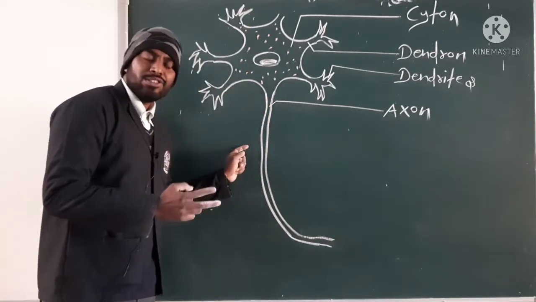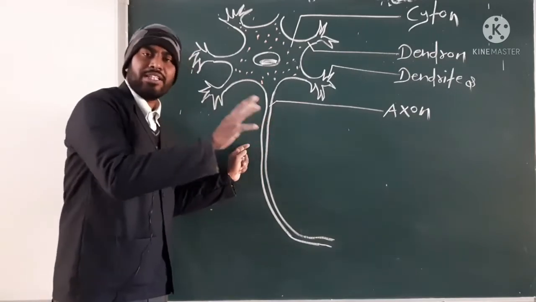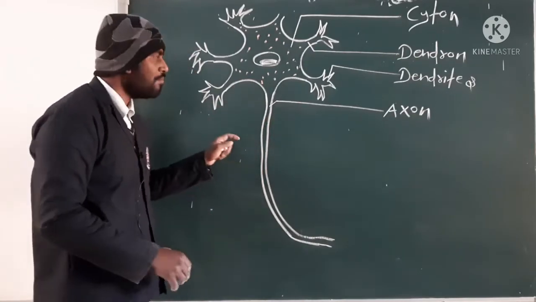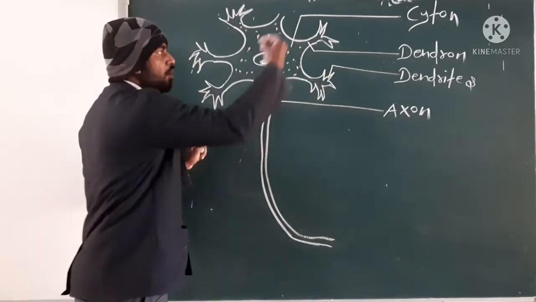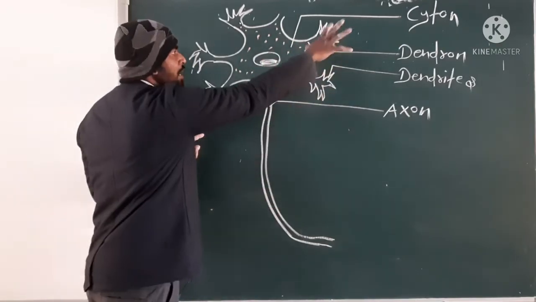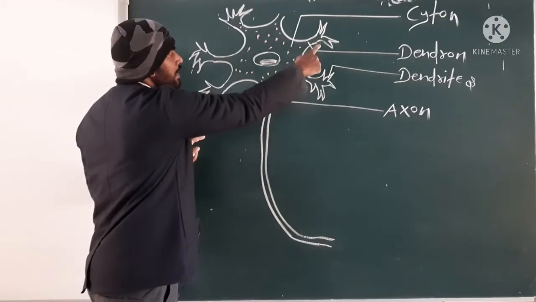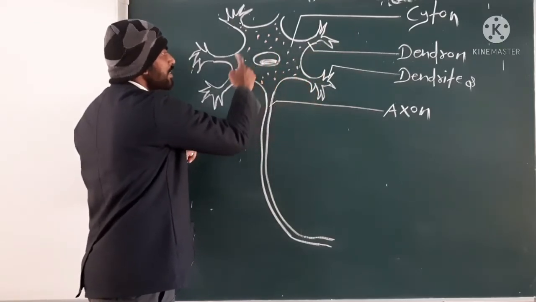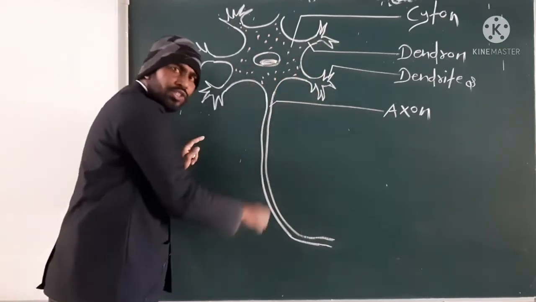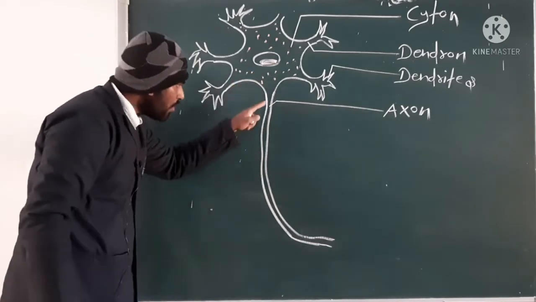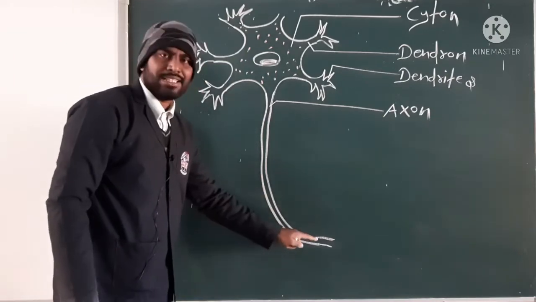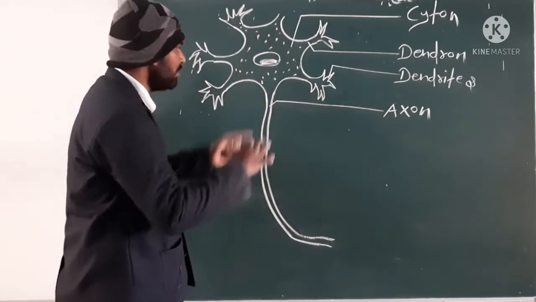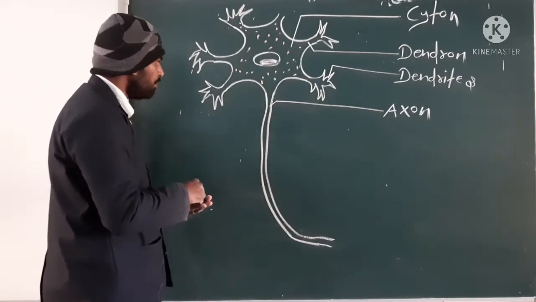Okay, two mechanisms, receiving and transferring the impulse, take place in a neuron. These dendrites receive the impulse, the electric signal, from the associated neuron, beta, and once the impulse is received by dendrites, it is given to the cyton. Once the cyton generates the impulse, it is transferred away with the help of axon. That is why axon and dendrites have different roles, bachon.